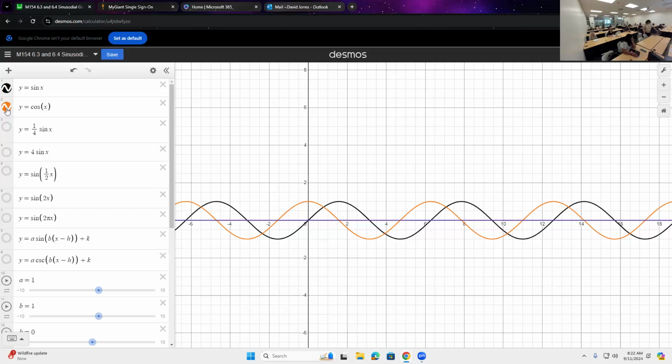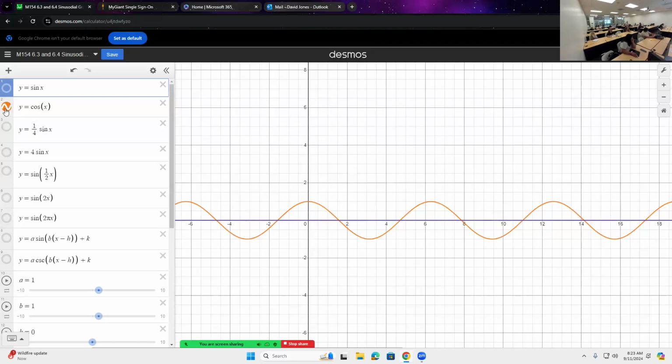Where when cosine is 0, when sine is 0. Easy way to look at it. Cosine is 1 at 0. But sine is 1 at pi over 2. So it just shifts everything by pi over 2. The entire graph is shifted by pi over 2.